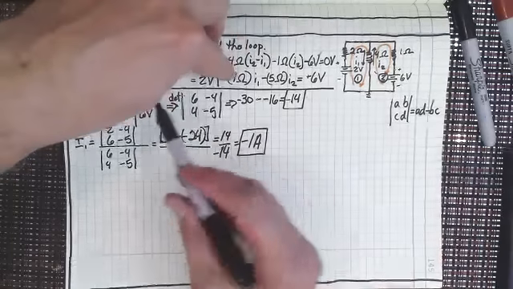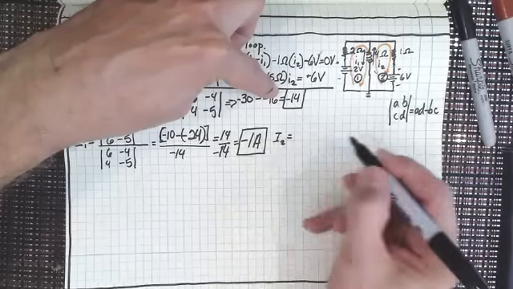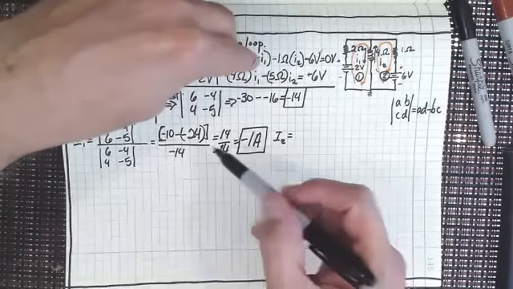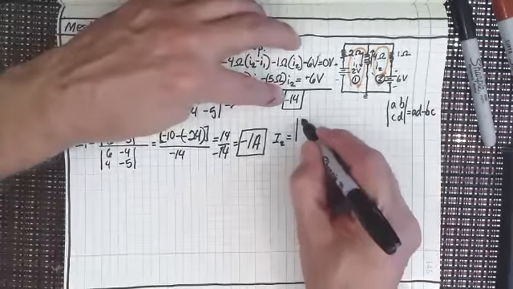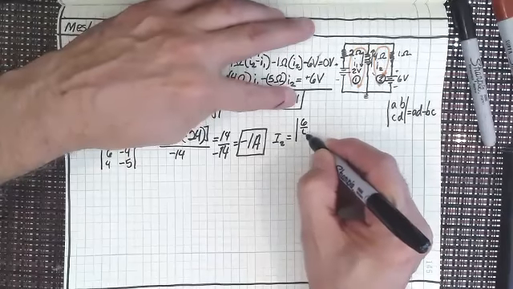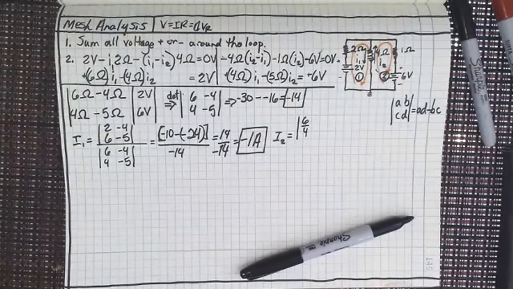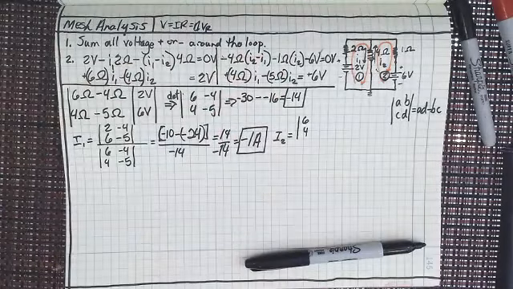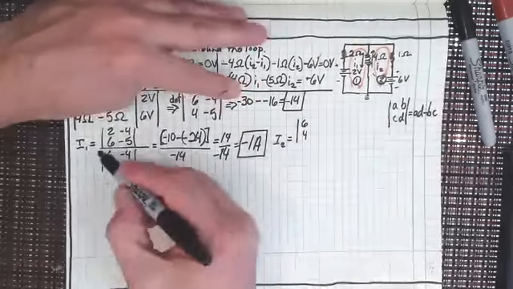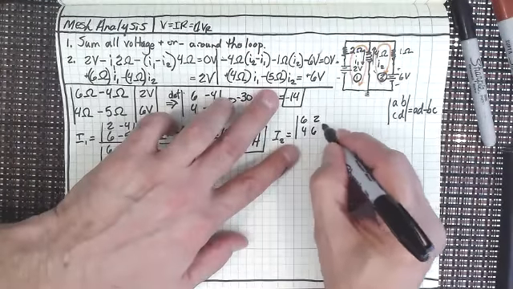Now let's do the other side, I2. All I would do is replace the second column with the solutions column. So I've got 6 and 4, and then I replace the second column with the solutions column, which is 2 and 6.